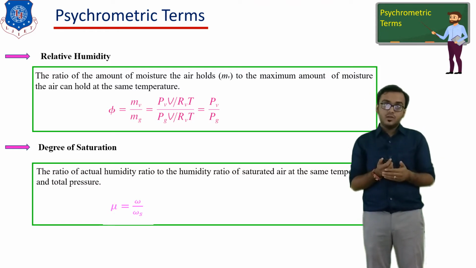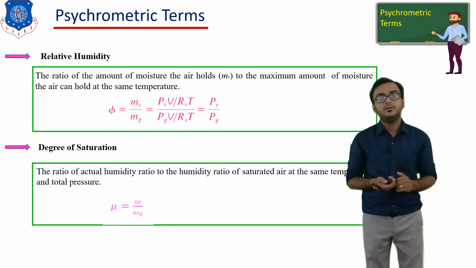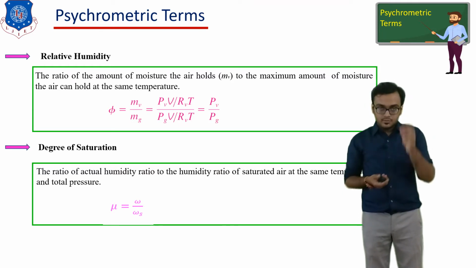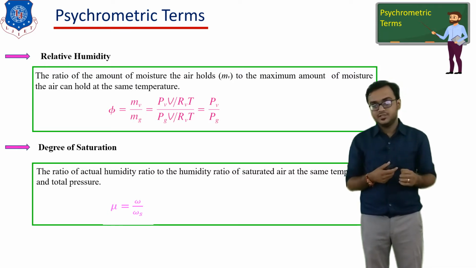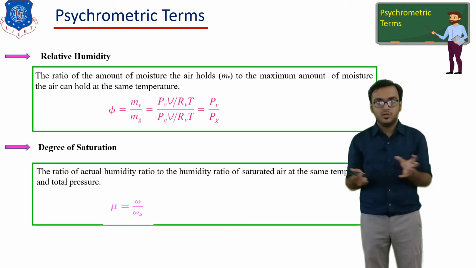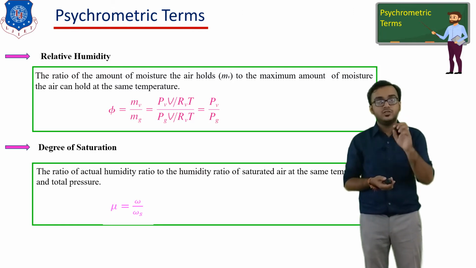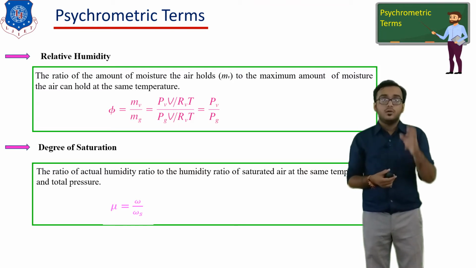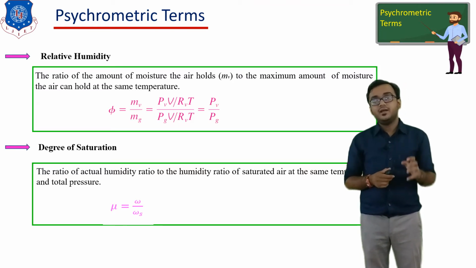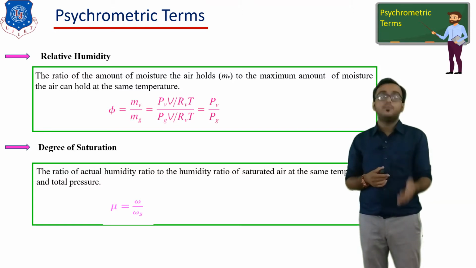Now what is the main difference between the degree of saturation and relative humidity? Relative humidity defines the maximum moisture holding capacity for a given volume, while in degree of saturation we use specific humidity, omega by omega s. So the degree of saturation indicates the ratio of the actual amount of moisture per kg of air to the maximum amount of moisture that air can handle per kg of air.